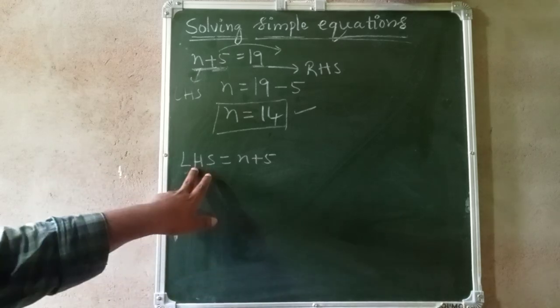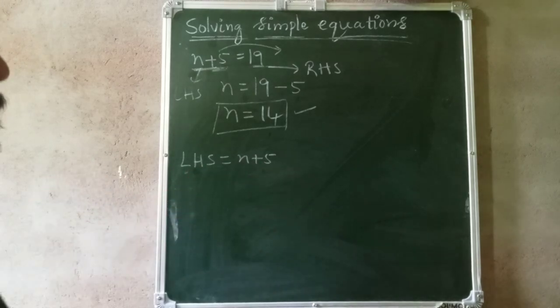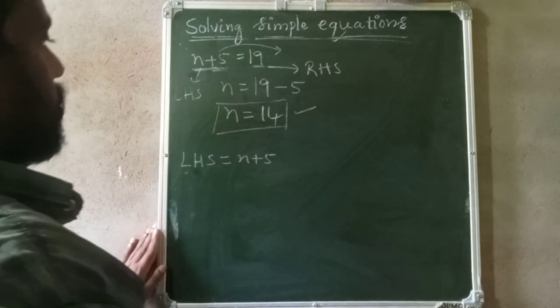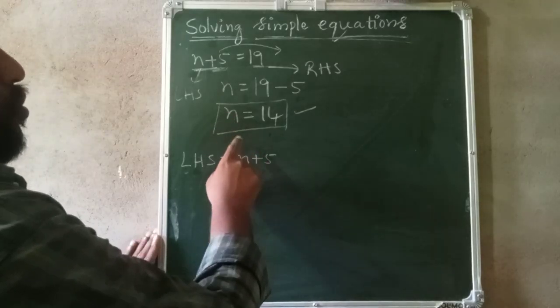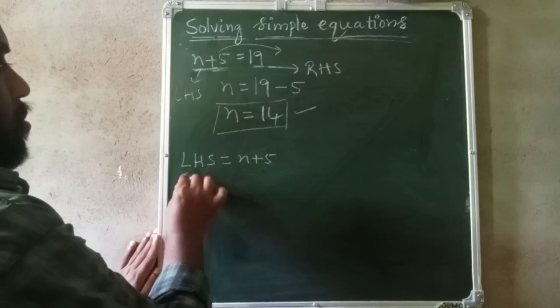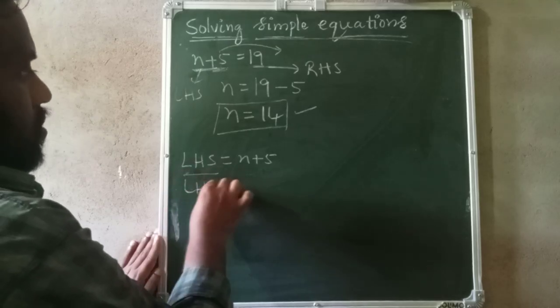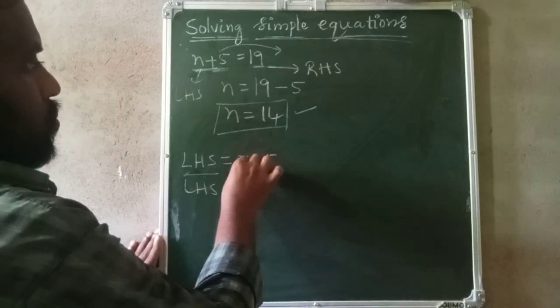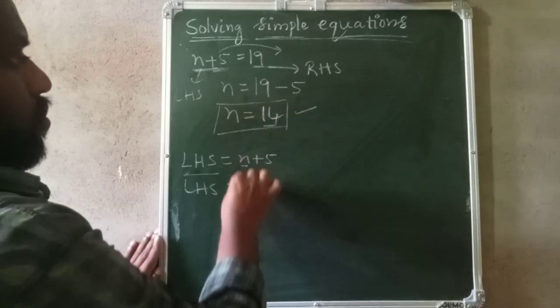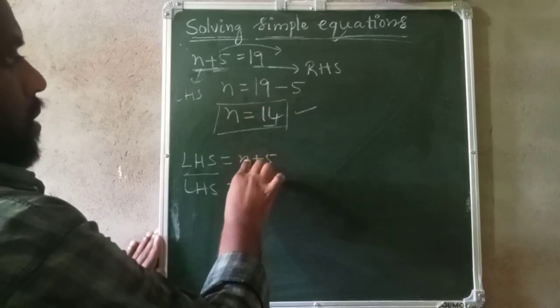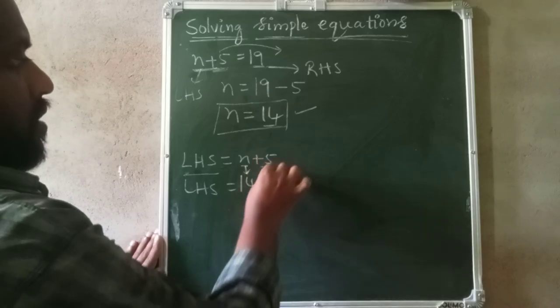First take LHS. LHS is equal to this. Now what do you do? Substitute this n value. Value of n is 14. Before substituting, write this LHS as it is equal to. So since n is equal to 14, in place of n, substitute this 14. So in place of n, I have written 14 plus 5.